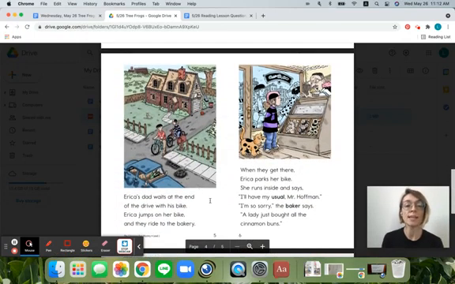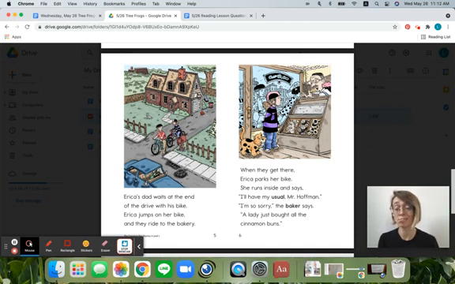Erica's dad waits at the end of the drive with his bike. Erica jumps on her bike and they ride to the bakery. What is a drive? Well, it's just this long road here next to a house where you can park your car and no other cars can drive there.